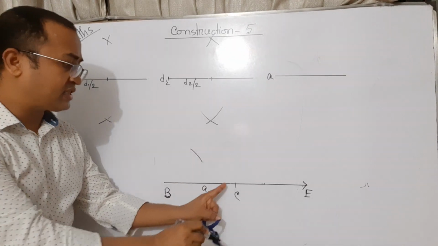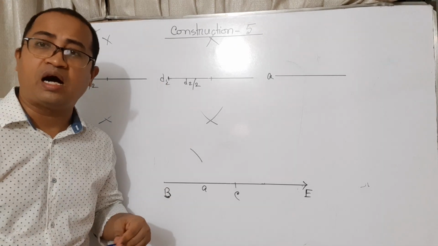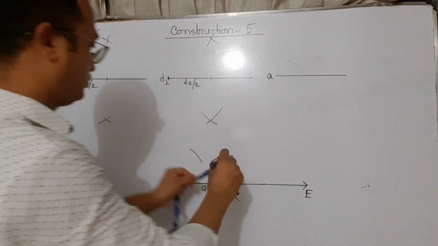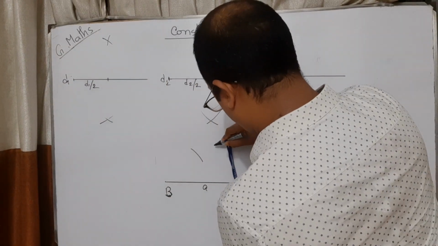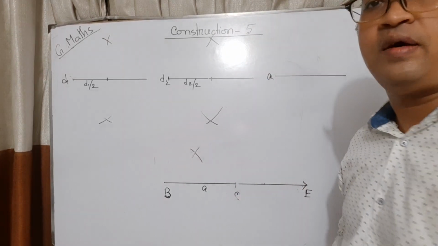Now, with center C and radius half of D2, they cut each other at a point.